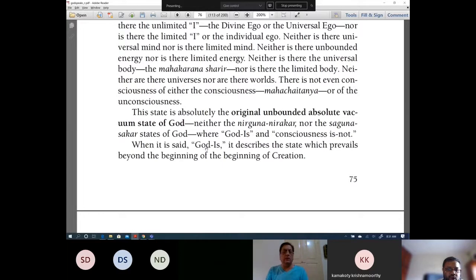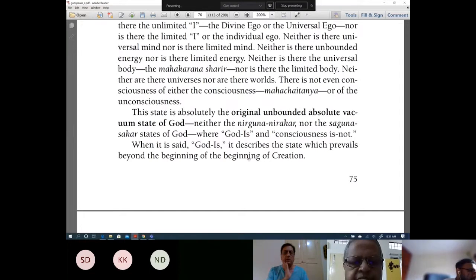When it is said God is, it describes the state which prevails beyond the beginning of creation. This original, unbounded, absolute vacuum state of God, neither Nirguna Nirakara nor Saguna Sakara.